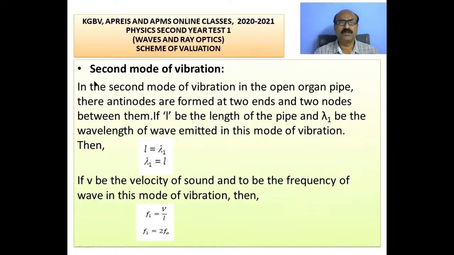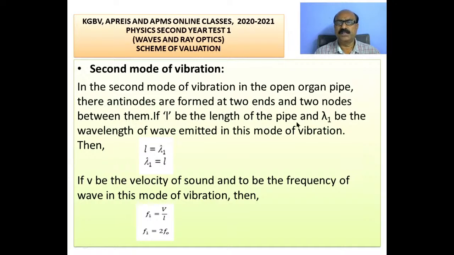Now the second mode of vibration in the open pipe. In the second mode of vibration in the open organ pipe, 3 antinodes are formed, 2 at the ends and 1 in the middle, and 2 nodes between them.